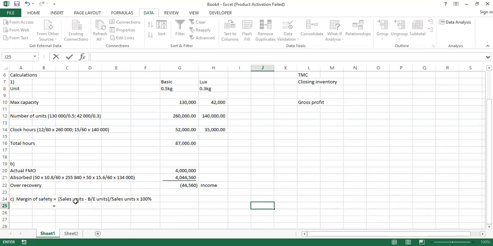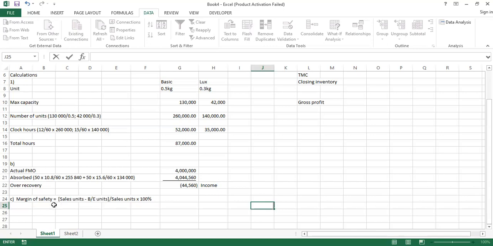So the difference between your sales units and your break-even units shows you your safety region. We obviously want to sell above break-even units. Then our ceiling point there is the budgeted sales units. That as a percentage gives you the margin of safety. That's what that gives us there.